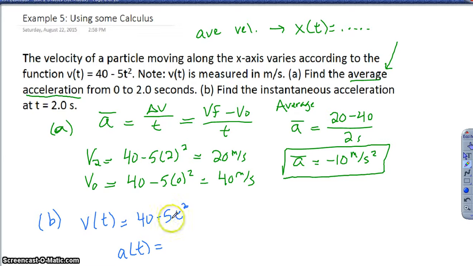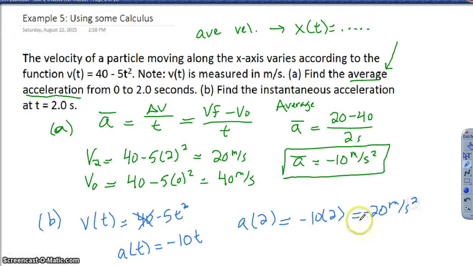We have talked about integrals now, so just be careful that you're going the right direction with this. When I do the derivative, the 2 comes out front, and I end up with negative 10t. So my acceleration function is negative 10t, which means my acceleration at 2 seconds would be negative 10 times 2, which is negative 20 meters per second squared.